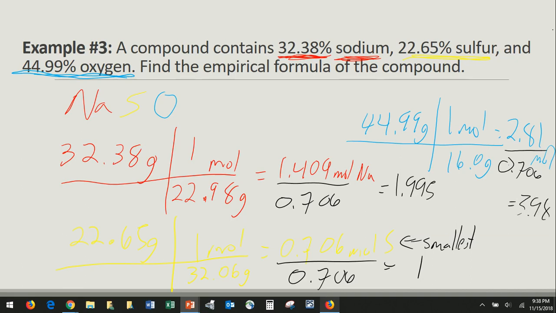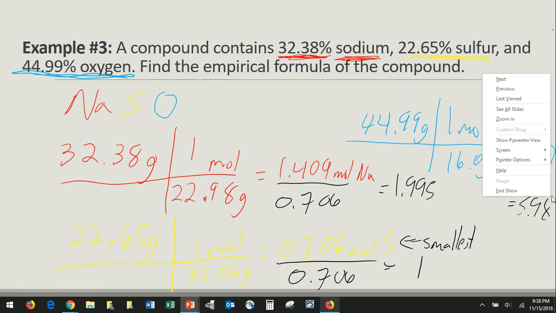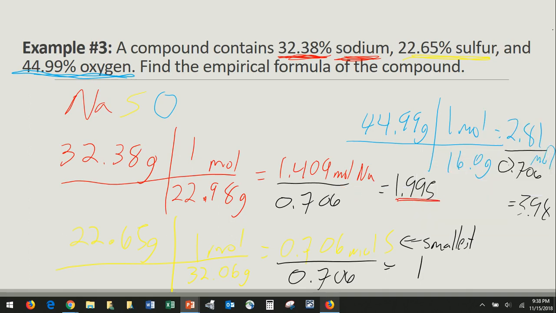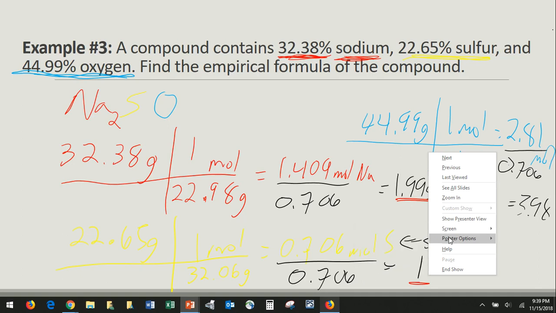All right, so now these numbers are the subscripts. So for sodium, the 1.995 is what goes down here. So we're going to call that 2. So it's Na2. And then the 1 here from the sulfur, we're going to call that 1.